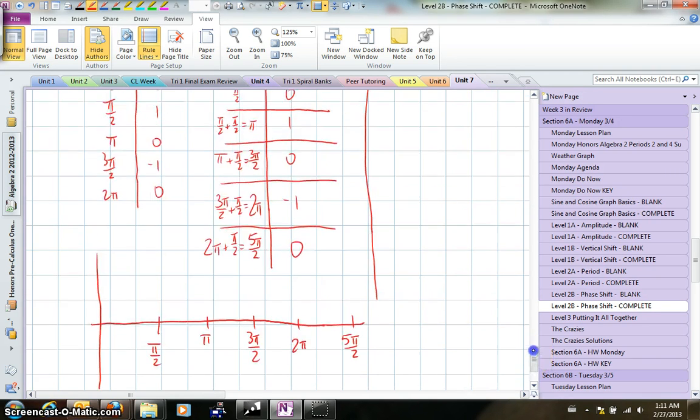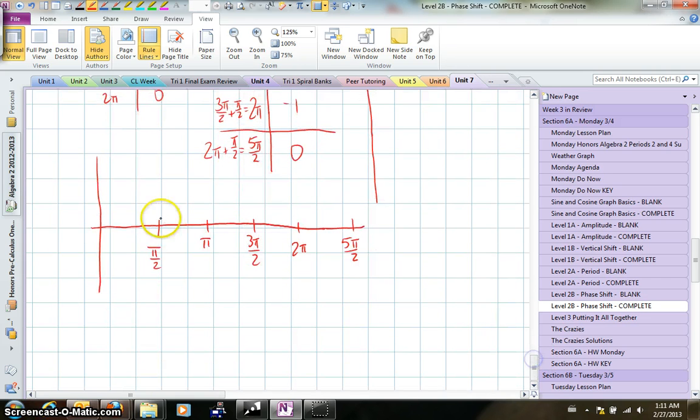All right, and so this one will just be the 0 here, then 1, then 0, then negative 1, and 0 again. So here's our cycle of sine, one full period. All right, and we're left with these 5 points.